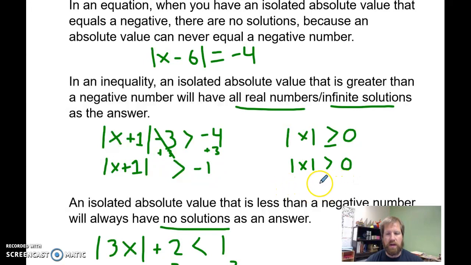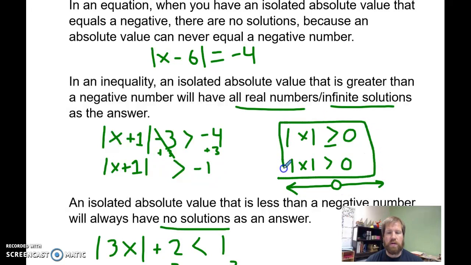So my number line would look like a compound inequality where I have my open circle on 0 and 2 arrows going either way. So it could be any number but 0. So these are two special cases that you've got to make sure that you look out for. You won't see them very often, but if you do, that can throw things off.